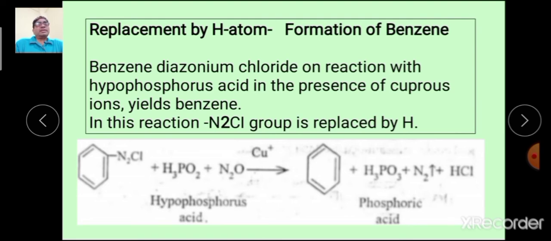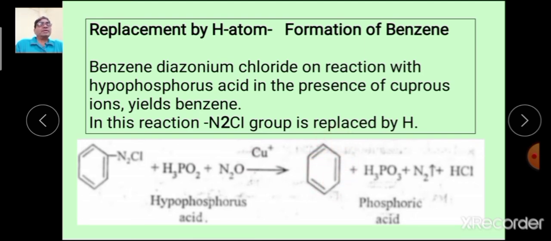Another reaction is replacement by hydrogen atom. Here the benzene is formed. Benzene diazonium chloride reacts with hypophosphorus acid in the presence of cuprous ion, forming benzene.